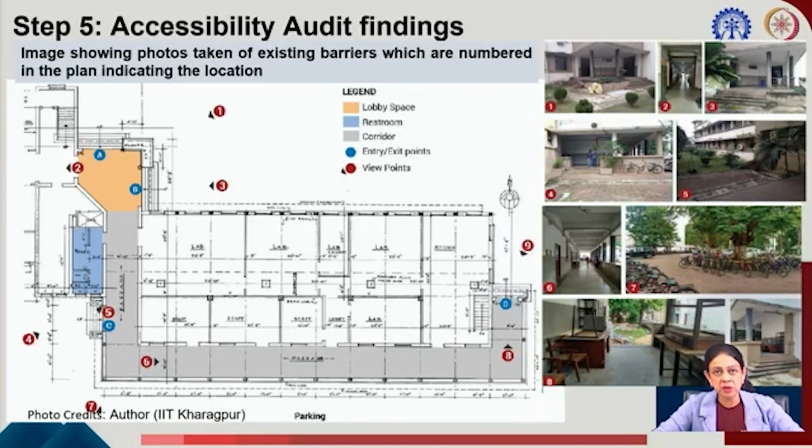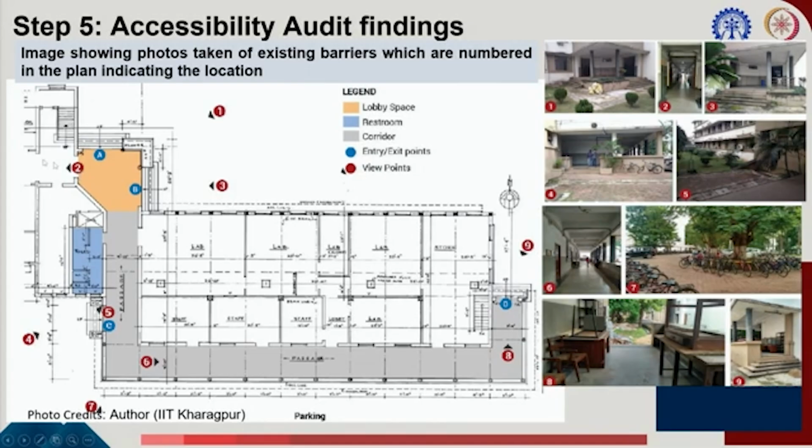This should be an acceptable presentation, whereby you say 1, that means the view from here. 2, that means the view here. This is a very standard way of representing, because if you just tell me inaccessible corridor, I don't know where it is. So it always should be numbered like this.